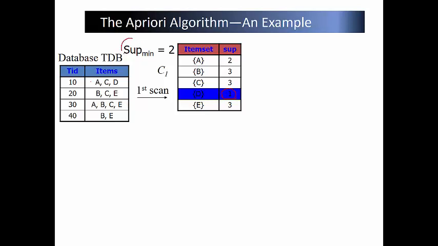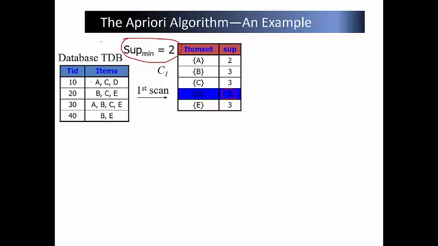Let's say my minimum support threshold is 2. This is a condition, okay? 2 out of 5 means 40%. This says, I am interested in the patterns if a pattern has at least 40% support, 40% or higher.